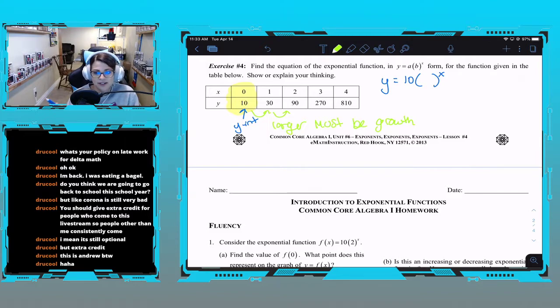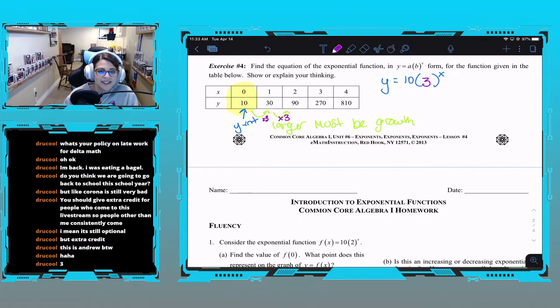How do I get from 10 to 30 and 30 to 90 and 90 to 270? What am I multiplying by each time? Well, we are multiplying by 3. So that is the equation of our function. Bam! So awesome.